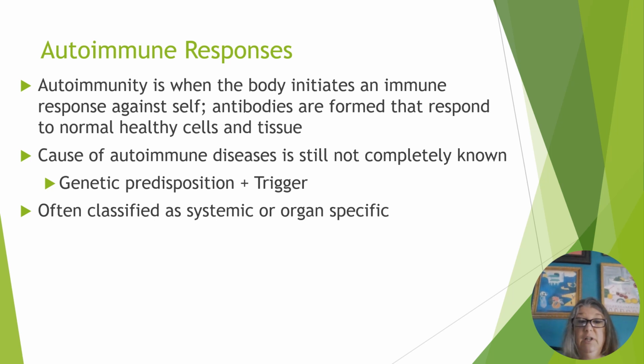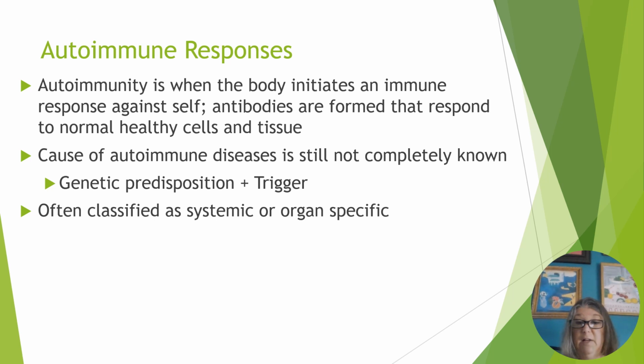Theories of causation include the inheritance of susceptible genes that may contribute to the failure of self-tolerance. Even with a genetic predisposition, some trigger is required for the initiation of autoreactivity. This may include an infectious agent such as a virus, meds, hormones, or environmental factors.